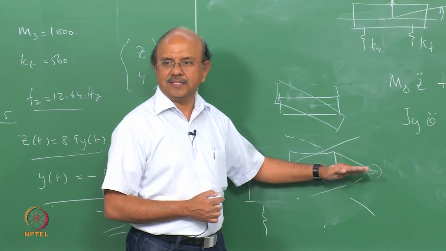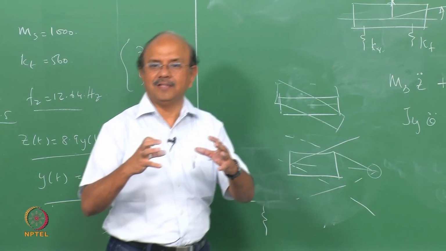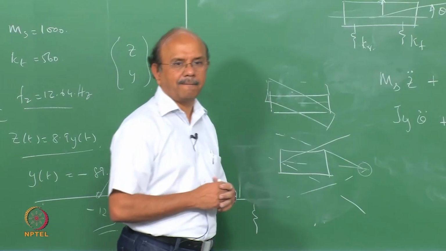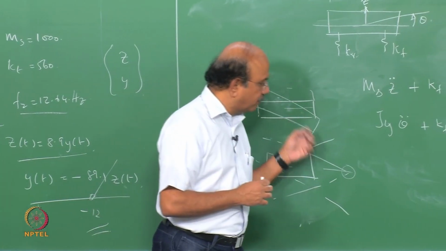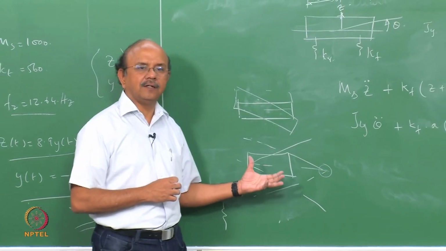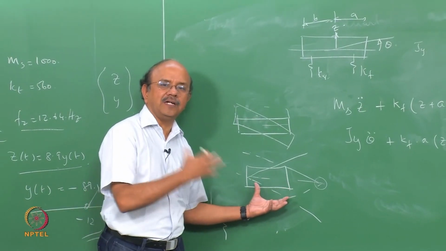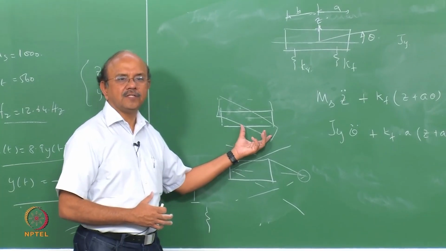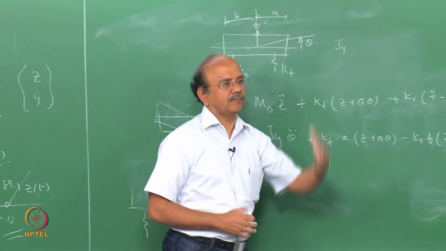This is much more optimum from the point of view of the vibration characteristics when compared to this. So how best can we get this kind of behavior, or what are the conditions under which we get this behavior, is going to be the aim of the derivation.